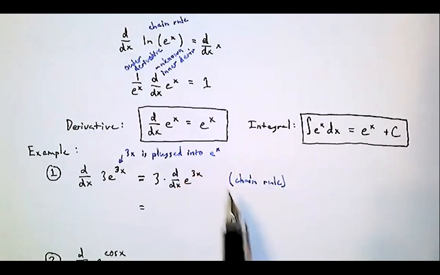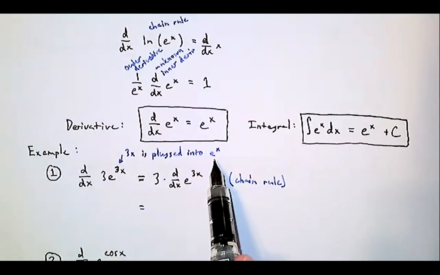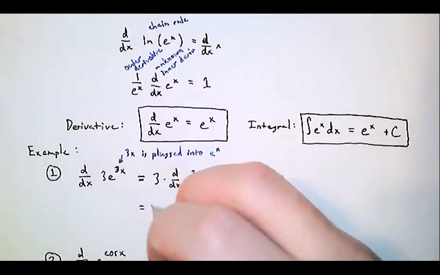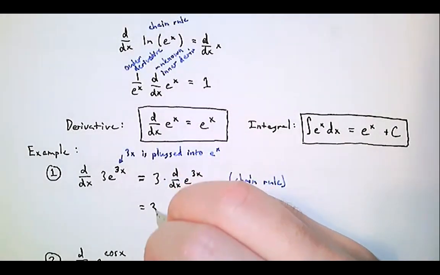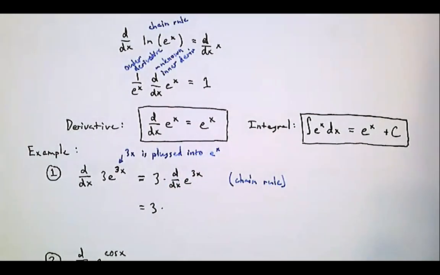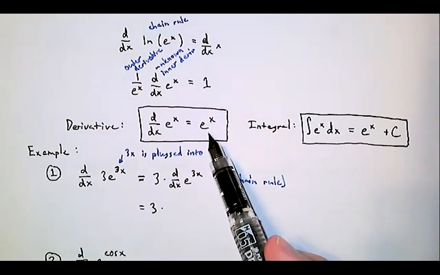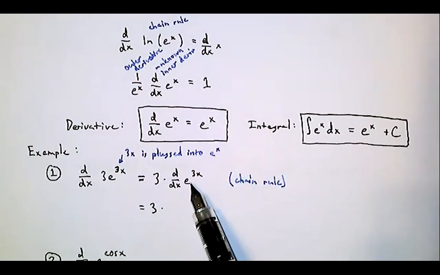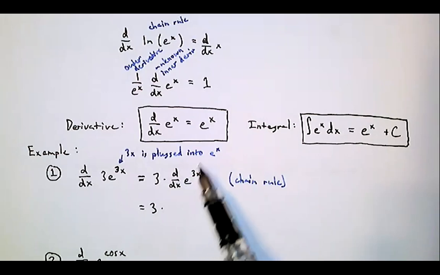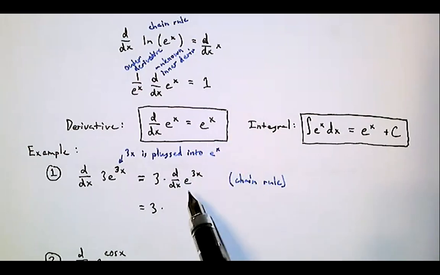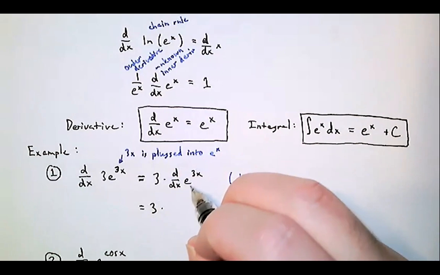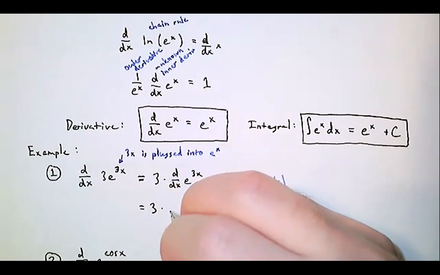What's the derivative of the exponential? What's the outer derivative? It's just that, right? So when we take the derivative of the outer function, nothing happens, because we get e to the x again, and we leave the inner function plugged in.